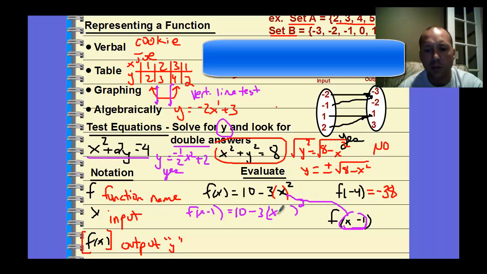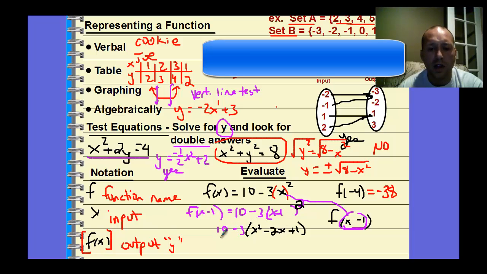So we put in x minus 1 for x, and we're simplifying x minus 1 squared. Make sure you realize that this square goes to this entire quantity, which means you have to FOIL it. And so you're going to get x squared minus 2x plus 1. Don't forget about this middle term here, which I call OI. It comes from the outside inside of FOILing when you do x minus 1 squared.